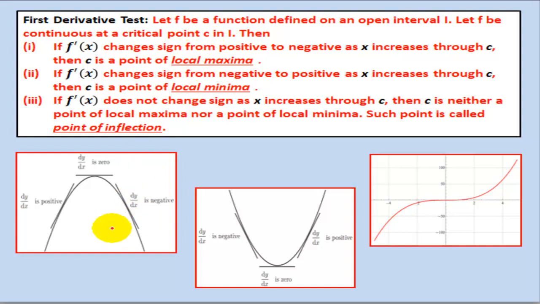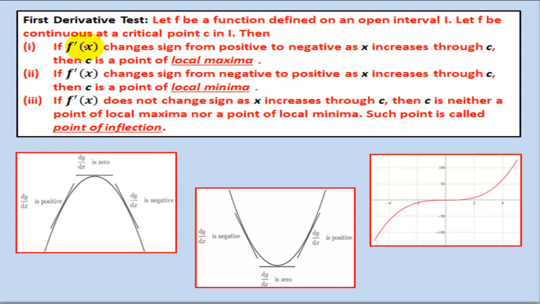Now look at these 3 diagrams. If we simply look at this curve, we can make out this is the point of local maxima. So we will check the nature of the derivative as we move from left to right of this point.